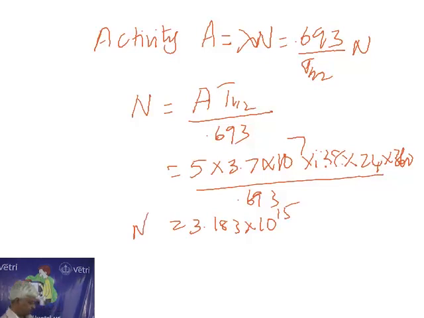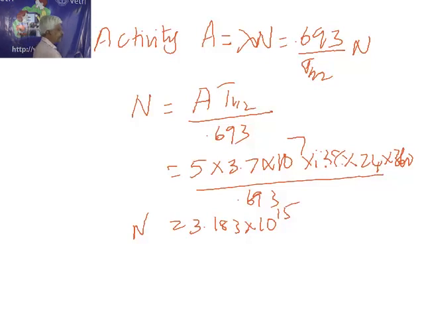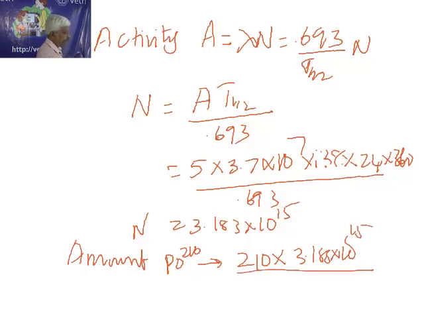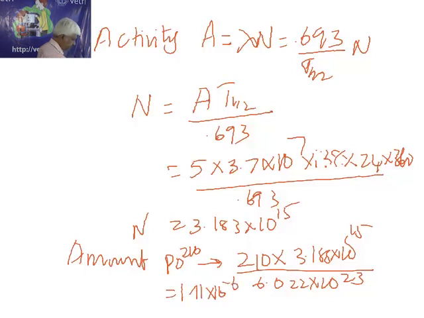But our question is, what is the amount of Po210 required? Amount of Po210 required is 210 into 3.13 into 10 power 15 divided by 6.022 into 10 power 23, that is the Avogadro number, which is nearly 1.11 into 10 power minus 6 gram.